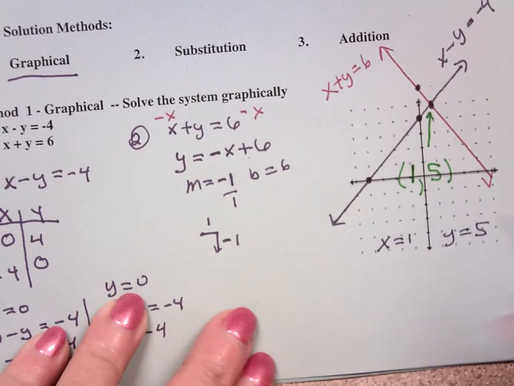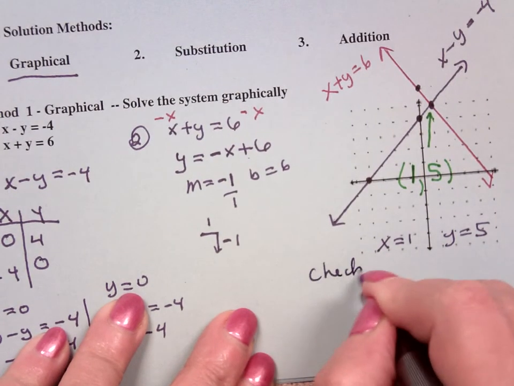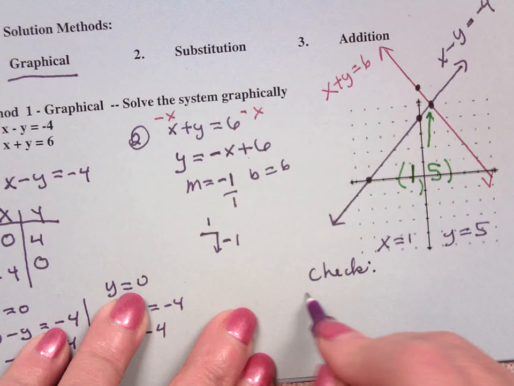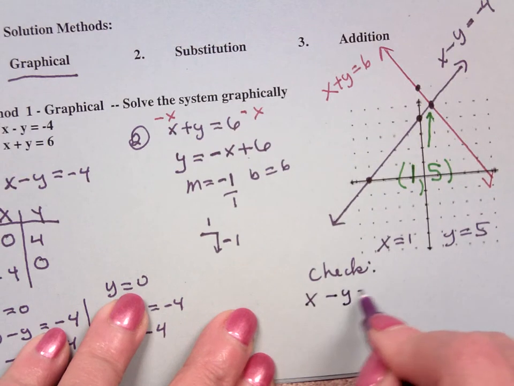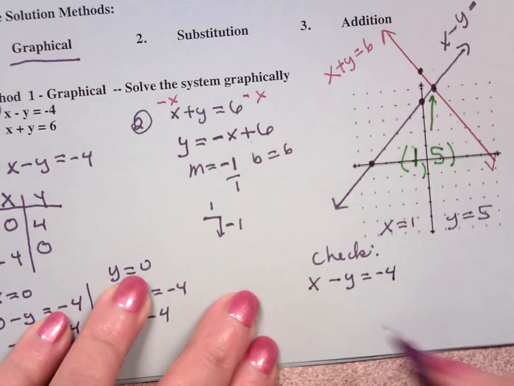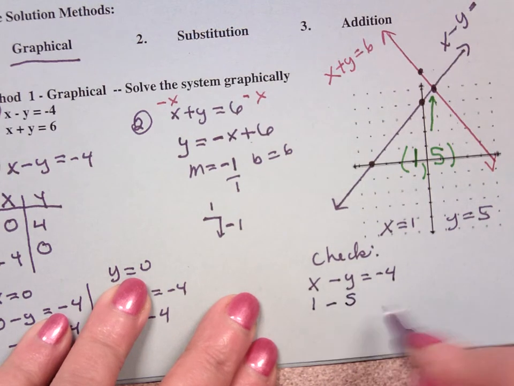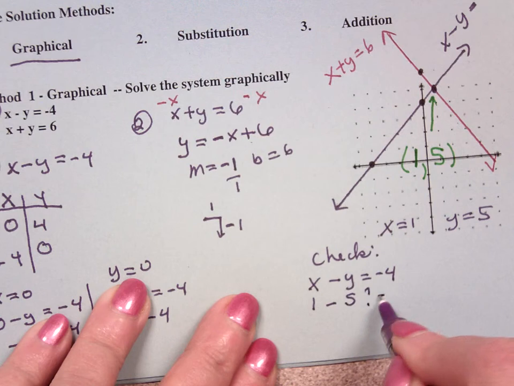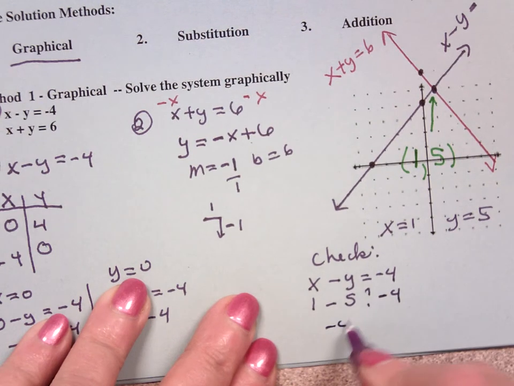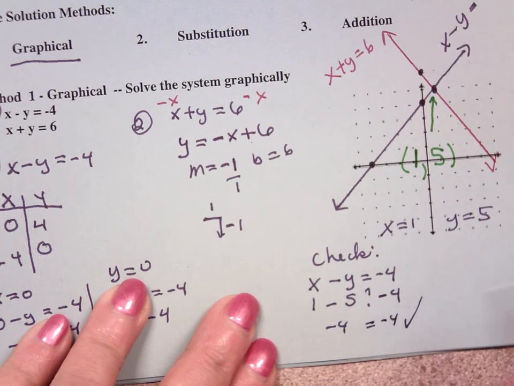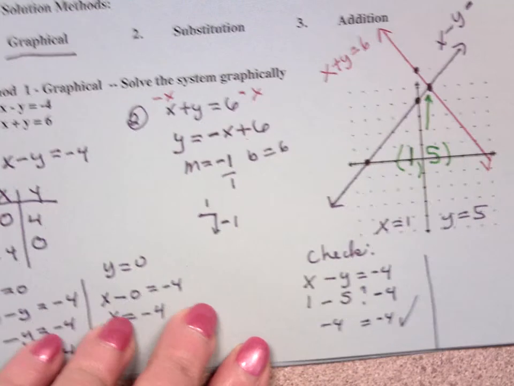And so now I need to perform a check. If x minus y equals negative 4, is it true that 1 minus 5 is equal to negative 4? Whew. I worked for that one.